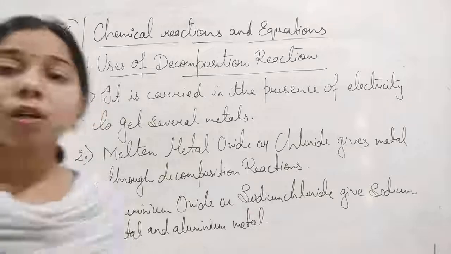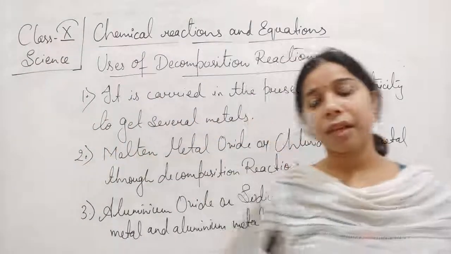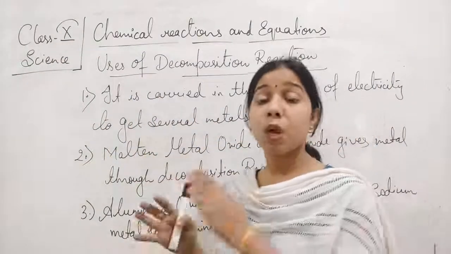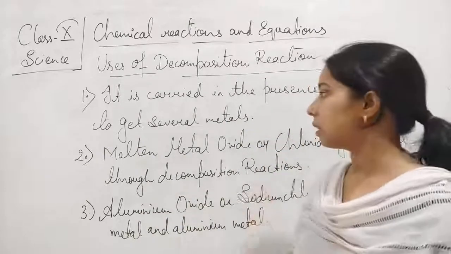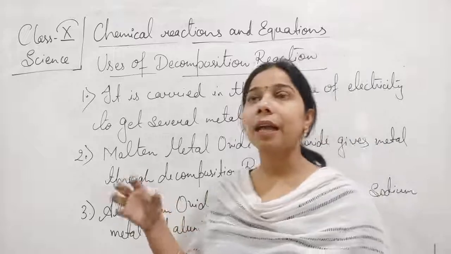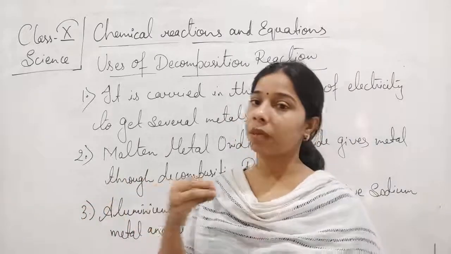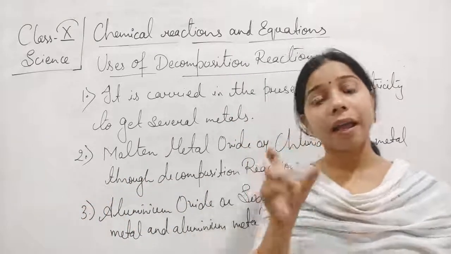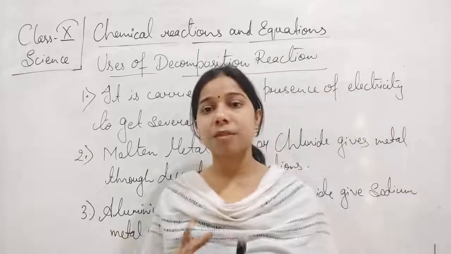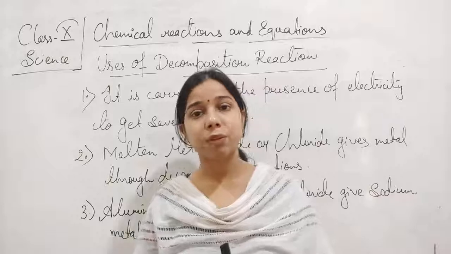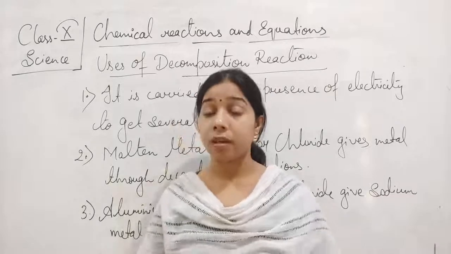Okay. So you can see here, students, that with the help of the decomposition reaction, we are able to get the metals, the pure form of the metals. So we have seen that NaCl decomposes to give sodium, Na, and Al2O3 will give Al. Okay. So the decomposition process also helps in giving the metal through metal oxide or metal chloride.